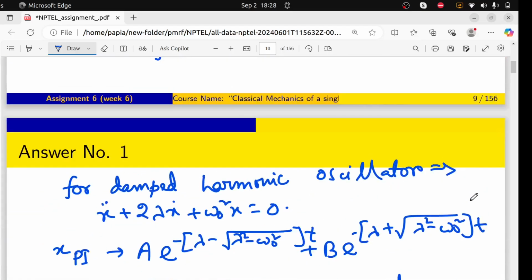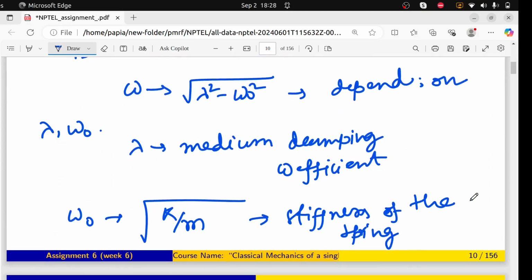How did we calculate the first question? We just needed to know the frequency of that damped harmonic oscillator. It depends on root over lambda square minus omega 0 square, and lambda is the medium damping coefficient, and omega 0 again depends on k and m.